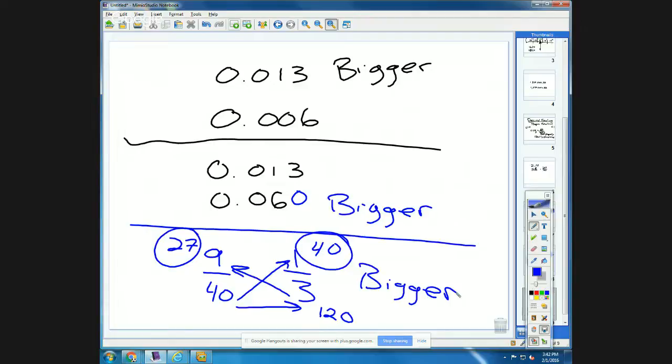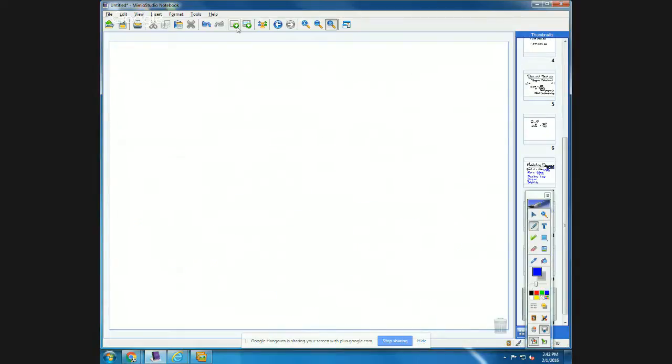But what if it was 13/40ths versus 1/3? Which one's bigger? Let's see, multiply over, that's a 40. 13/40, multiply over there, that's a 39.